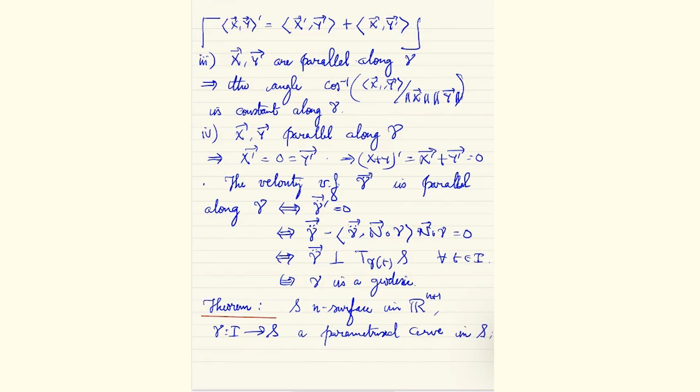So this is pretty much like geodesics. Suppose you take a point time t naught in the interval, and you take a vector v in the tangent space at gamma t naught. So you've chosen the t naught. Take a vector in the tangent space to the surface at gamma t naught.